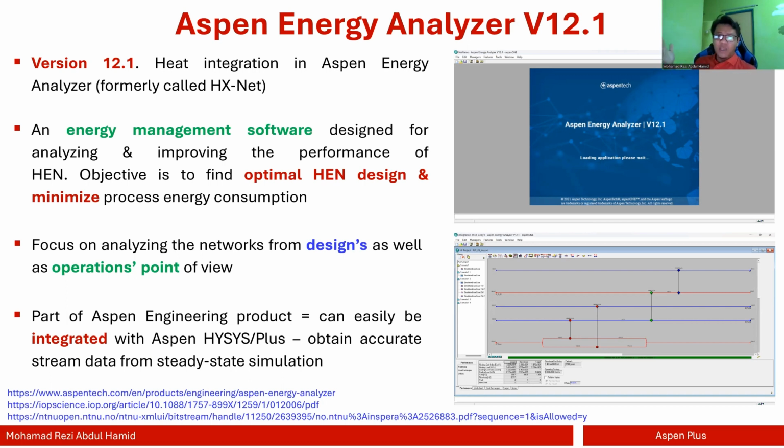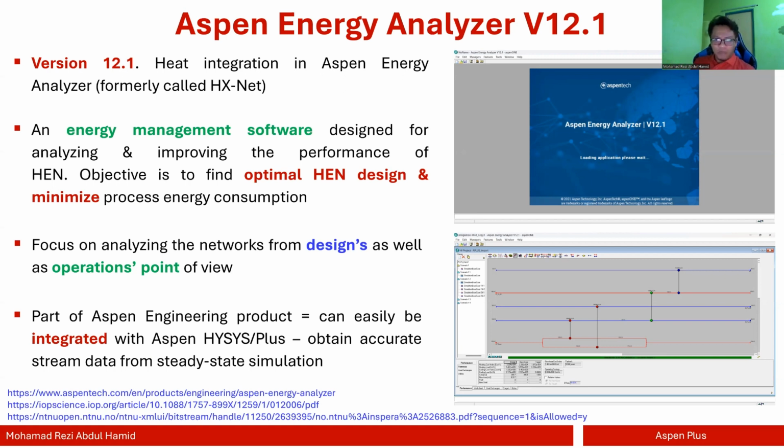Aspen has a big family of software: Aspen Plus, Aspen HYSYS, Aspen EDR, Aspen Custom Modeler, Aspen Adsorption, Aspen Batch Process, and of course Aspen Energy Analyzer. It is an energy management software for you to analyze your process, design a heat exchanger network, and, if you have an existing network, improve it further.